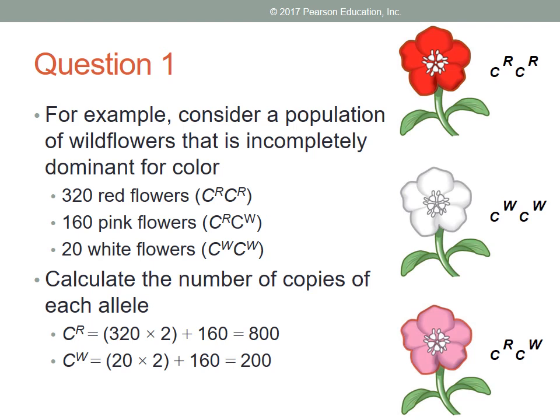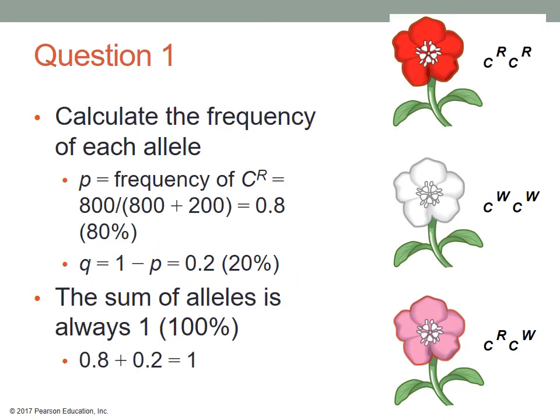Now you could do it the way that we had been doing it, where it was, okay, well, for the white, there's 20 of them, so we have 20 divided by the population, or if that doesn't work for you, you can calculate the copies this way. Then be sure when you do this that you're going to divide by the total number in your population, like you see here. So 80% are red, 20% must then be white.